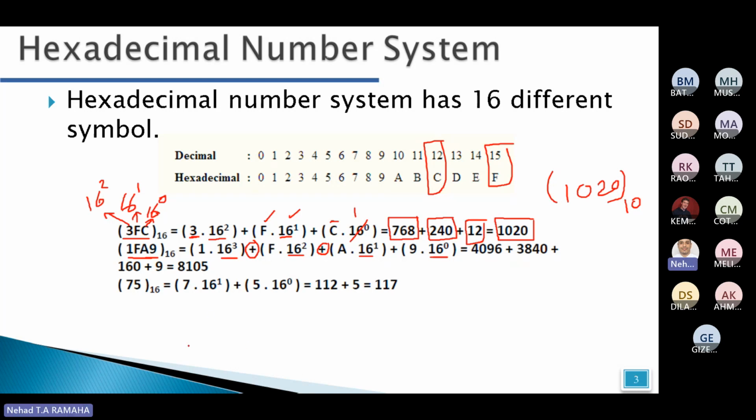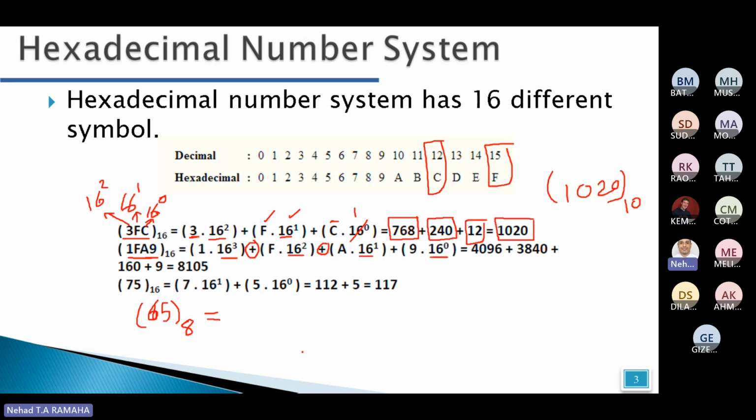For example, if we said 65, okay, it's in octal system. How much will it be in decimal system?